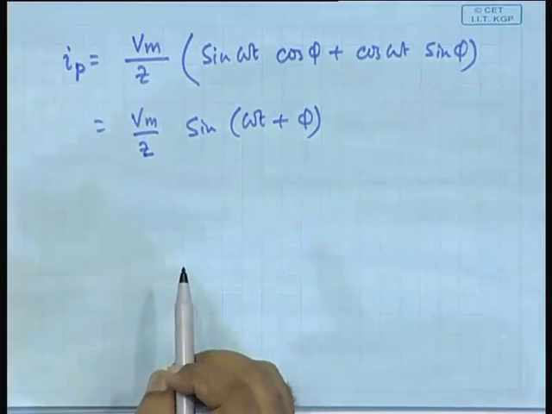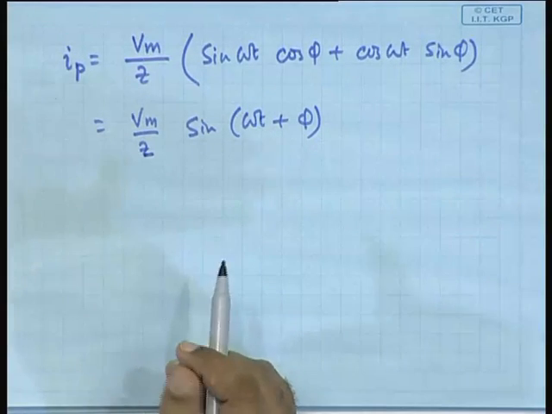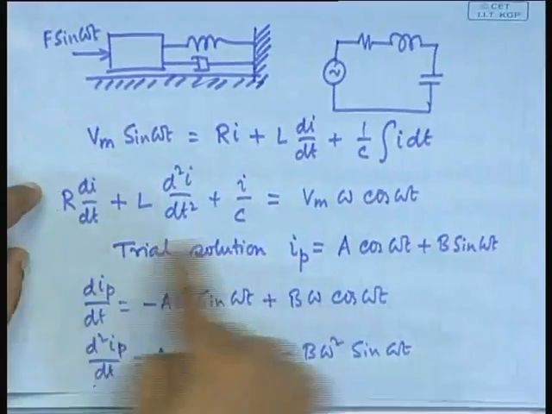So, what will be the complementary function in this case? It will be where you have not applied the sinusoid, you are considering the left hand side of the equation, which is a second order equation.